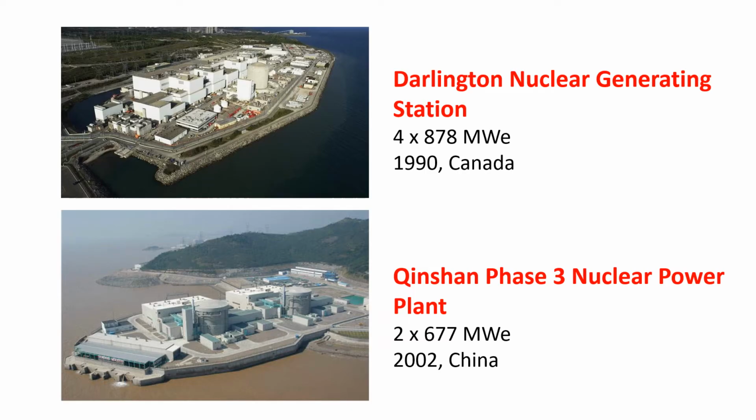Examples of your PHWR are the Darlington Nuclear Generating Station in Canada, and the Qinshan Phase 3 nuclear power plant in China. And again, as you can see here, interestingly, your nuclear power plants are constructed near bodies of water, for example, in the seaside.